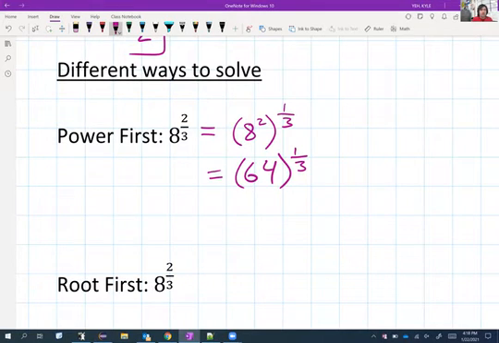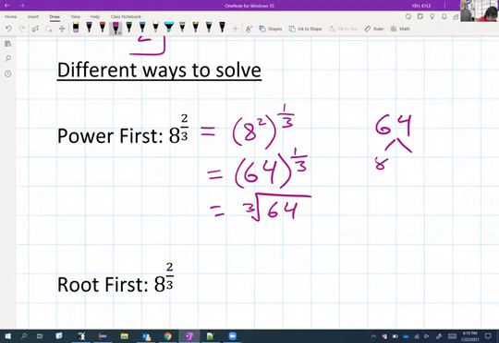And 1/3 power of 64, well, maybe I'm not quite familiar with 1/3 power yet, but I bet if I did this, okay, so 3 on bottom, 64 to the 1st power, I bet you would recognize it. Oh, it's a cube root. The 1/3 power is a cube root. Just like 1/2 power is a square root, 1/3 power is a cube root. So what is the cube root of 64? 8 and 8. So that's gone.